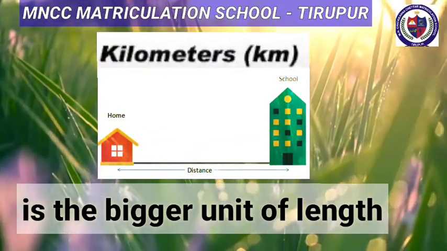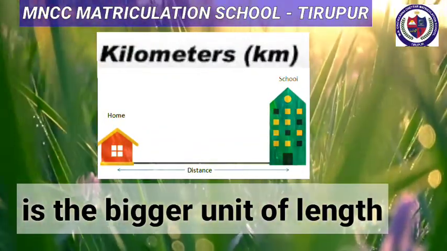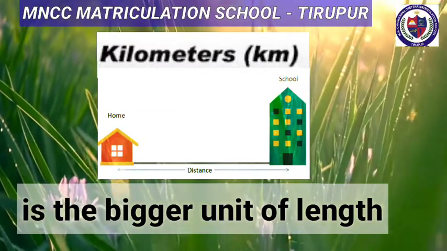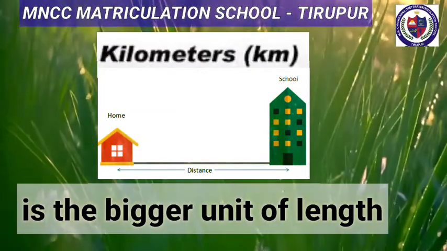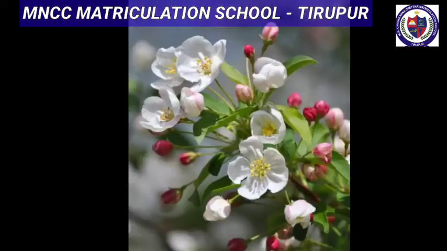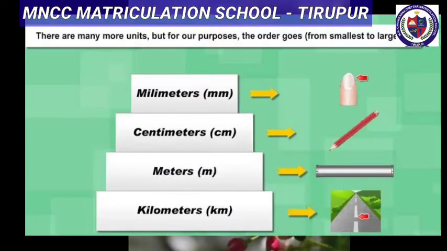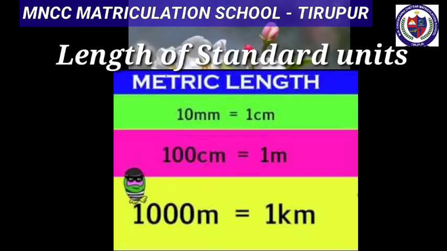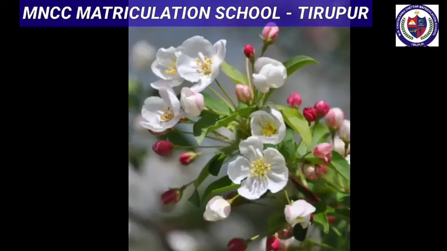Kilometer is the bigger unit of length. Kilometer is the unit of distance which is always measured between two given places. The short forms of standard units are millimeter mm, centimeter cm, meter m, kilometer km. The lengths of the standard units are 10 millimeter equal to 1 centimeter, 100 centimeter equal to 1 meter and 1000 meter equal to 1 kilometer.